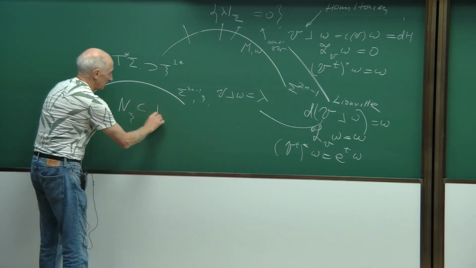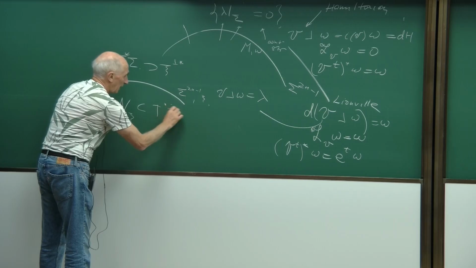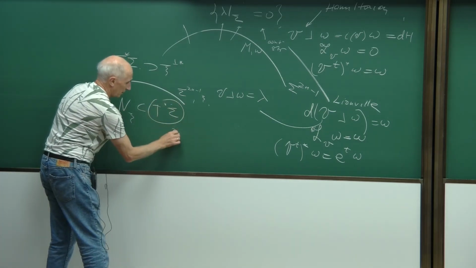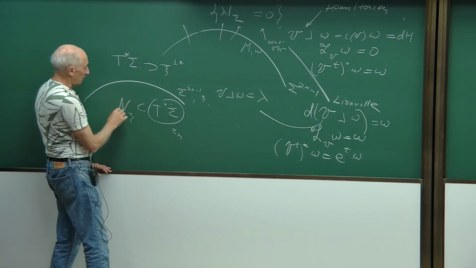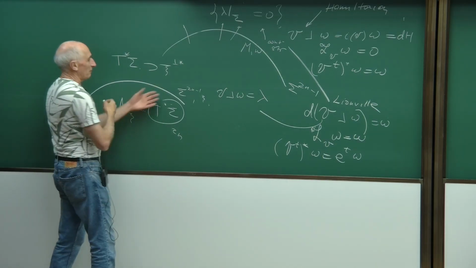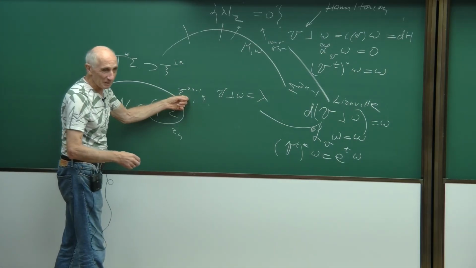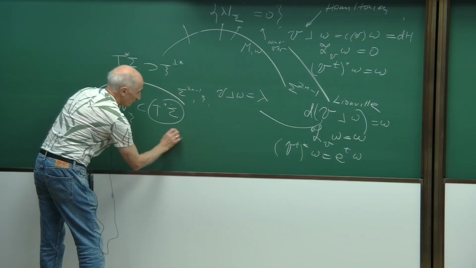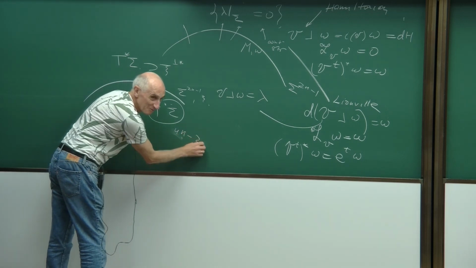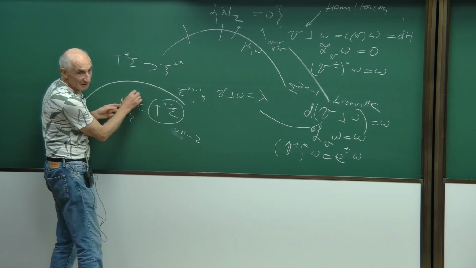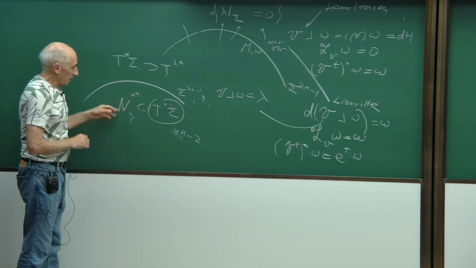It sits in the cotangent bundle of sigma, which has dimension 2n. We started with dimension 2n minus 1, so this has dimension 4n minus 2, and this one has dimension 2n.